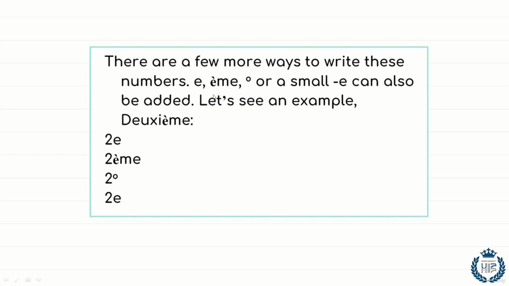You can add e, you can add m, you can add this sign, or also a small e can be added. Just as something you can take into consideration. When you're writing, you don't really have to write deuxième. You can just put the number and then add these.